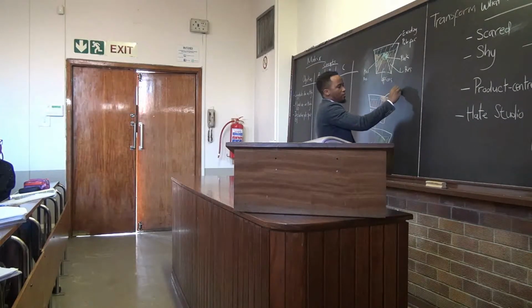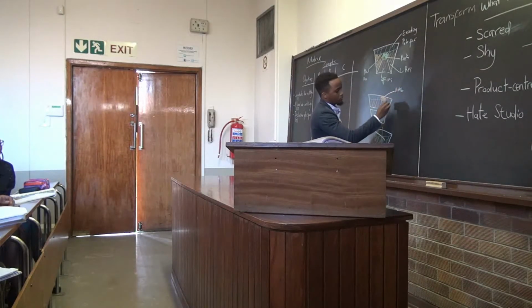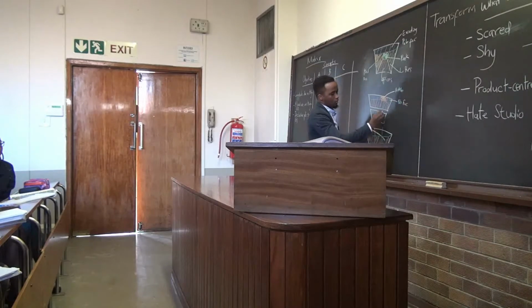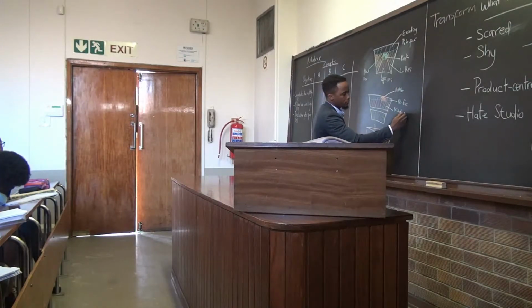So here we have a market, and then this is those public facilities again. And this is medium density, and it's mixed.